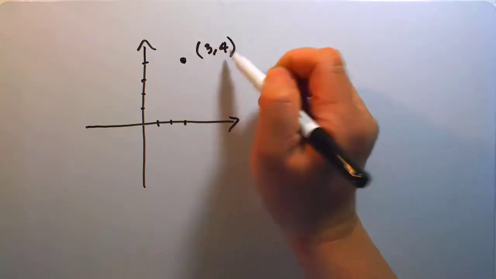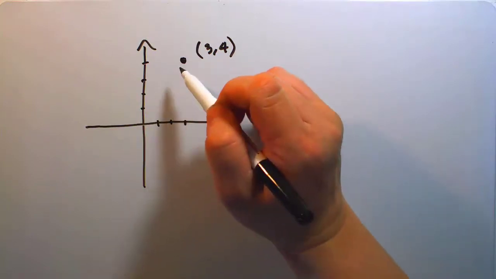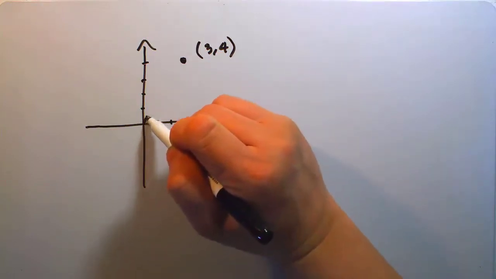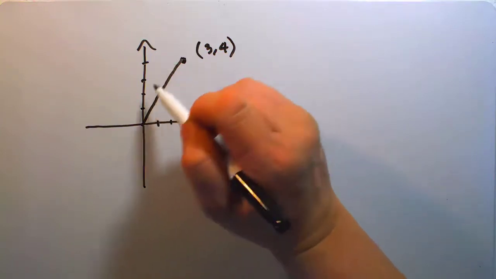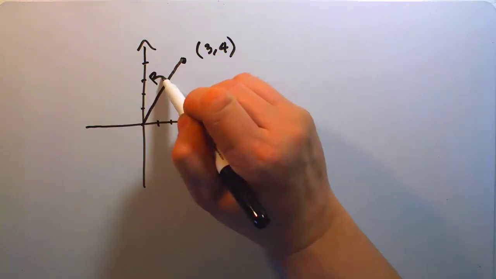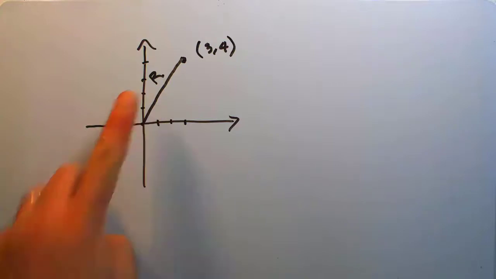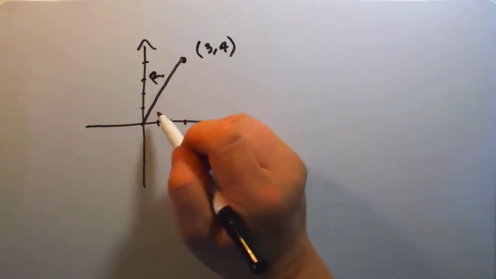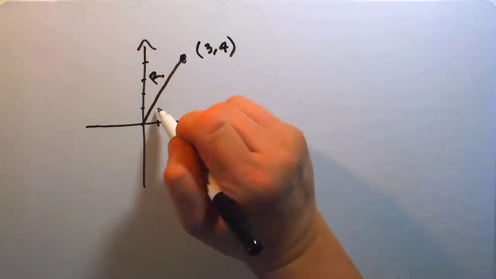Treating that as a terminal point, we're going to have a distance from the origin, and that distance is going to be some radius. Now notice we haven't been given the radius information for this kind of problem. But we know that the angle theta in standard position refers to this angle.